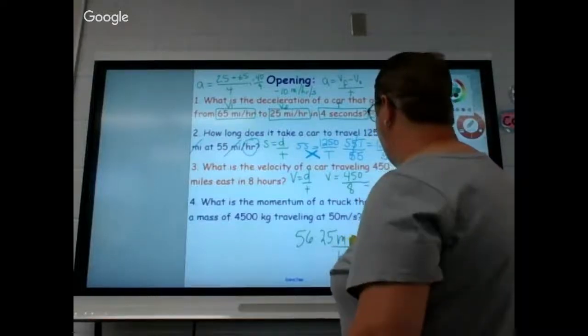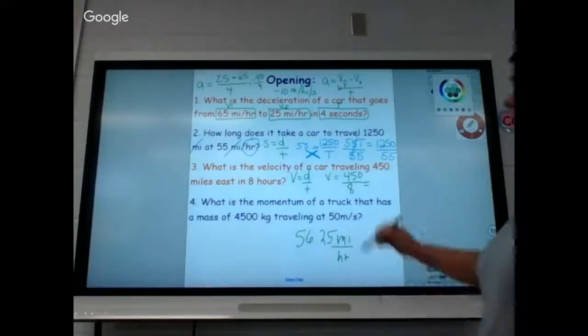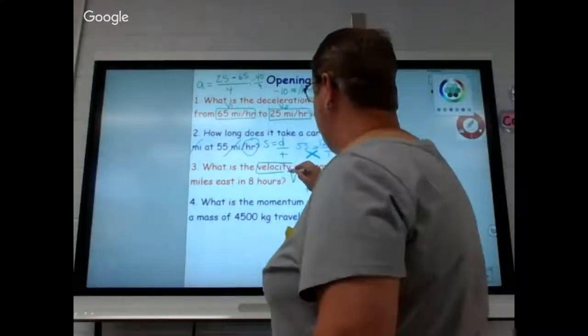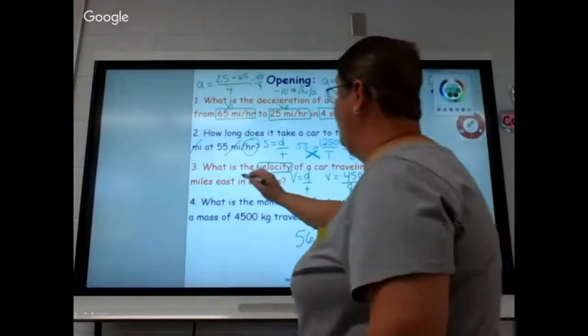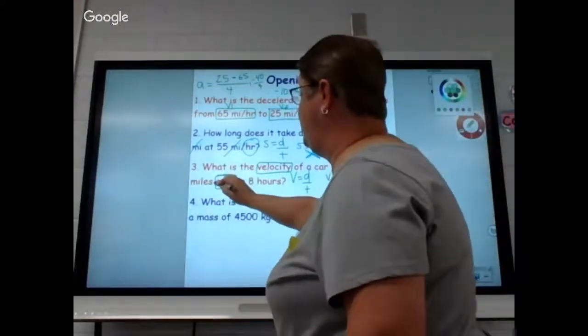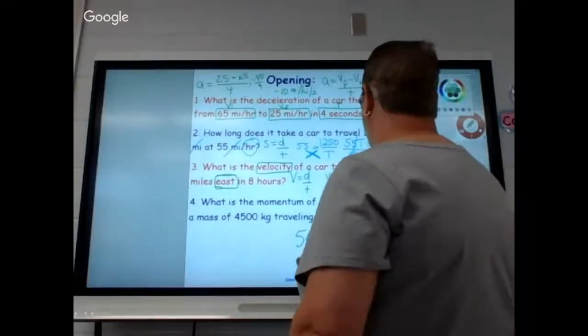All right, I heard several people say the right answer. When you calculate velocity, you have to write a direction. What did I give you in the question? I said east. There's no south in that question.